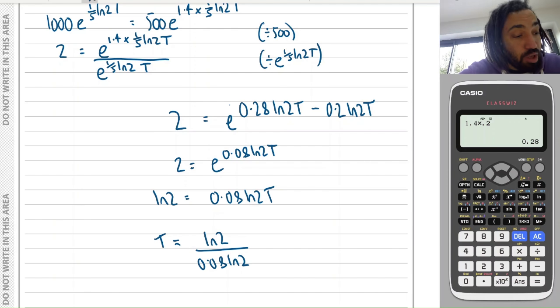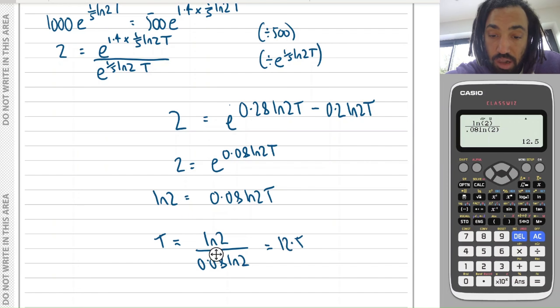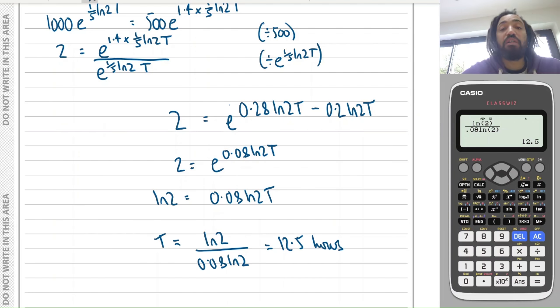So I am hoping that we will end up with a feasible answer when I do ln 2, close brackets, all over 0.08 ln 2. And I get an answer of 12.5 hours. Make sure you put the units in as well.